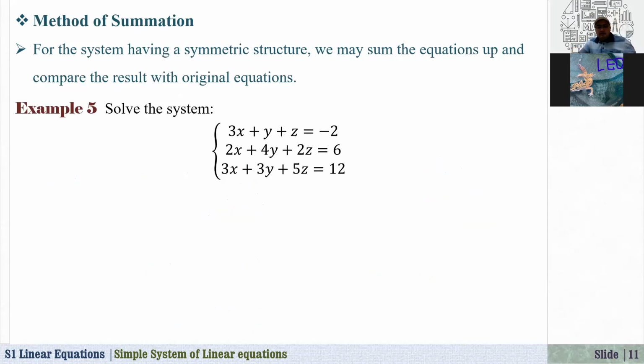All right, method of summation. In this question, for the system having a symmetric structure, we may sum the equations up and compare the result with the original equations. Now here, 3x plus y plus z, 2x plus 4y plus 2z, and 3x plus 3y plus 5z is equal to, what is this?